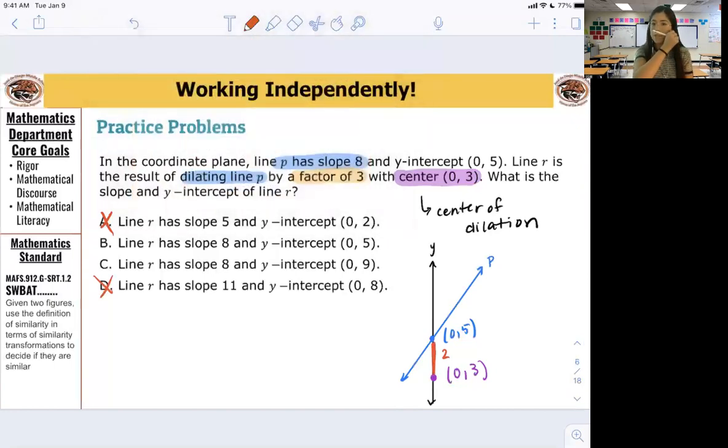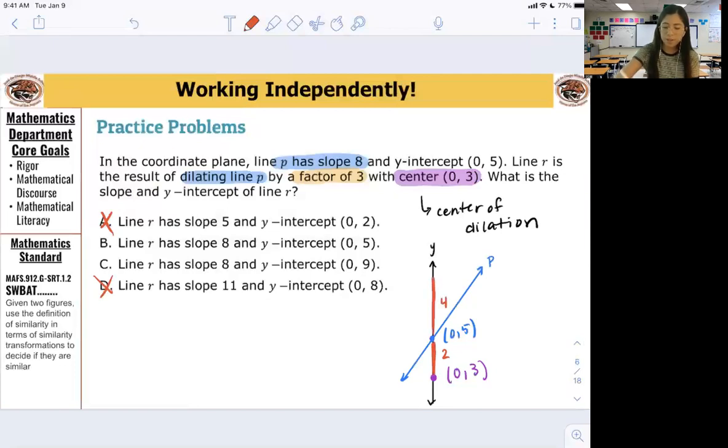If the scale factor is 3, it has to be multiplied by 3. So if line P is 2 units away, how far does line R have to be? Six units, exactly.